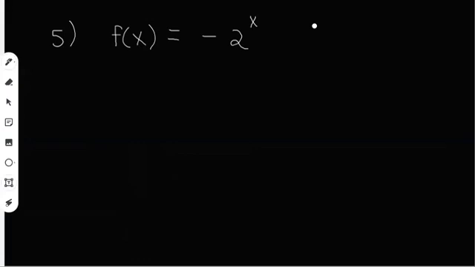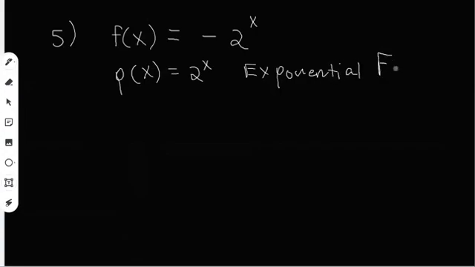Well, the parent function is going to be the exponential function. P of x equals 2 to the x power, also known as the exponential function. This is much different than the last one that we were talking about.